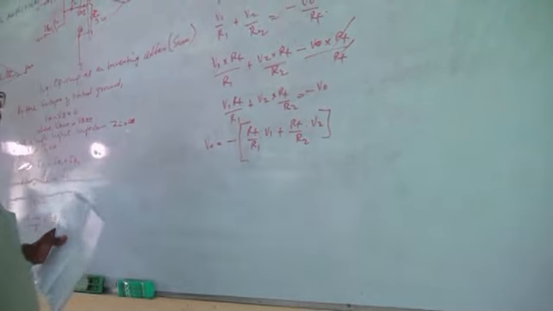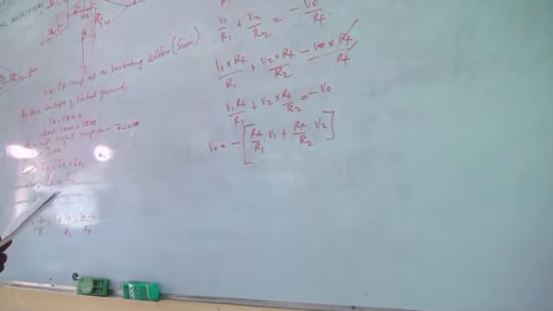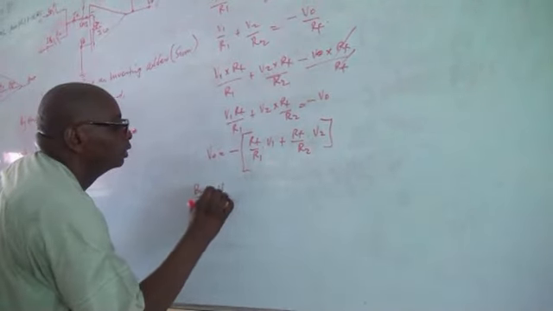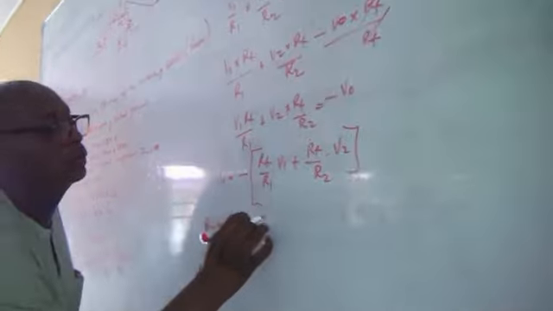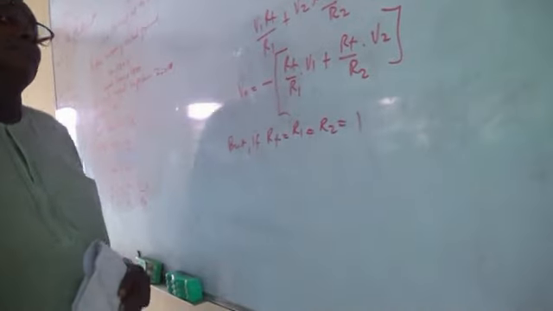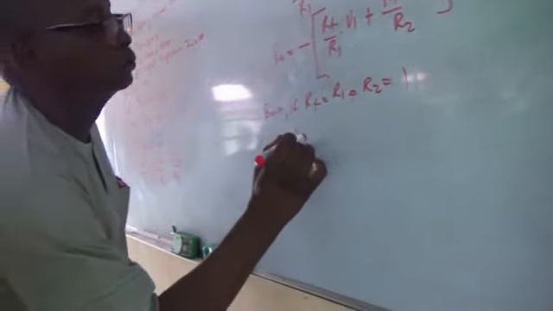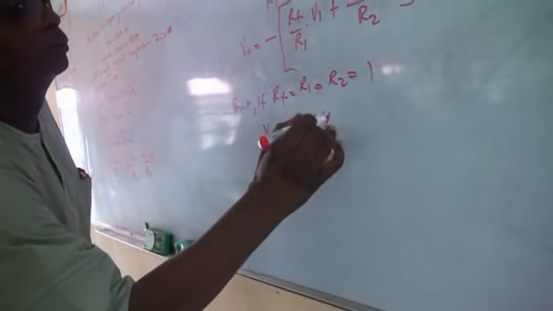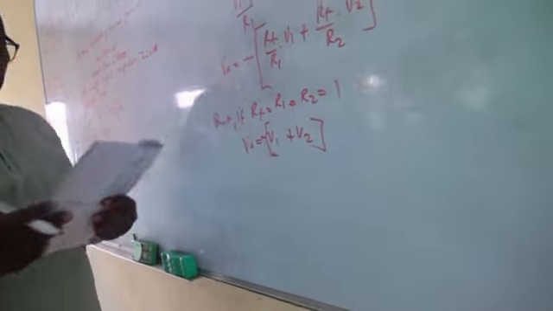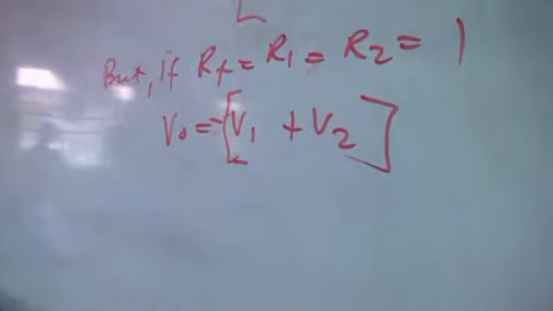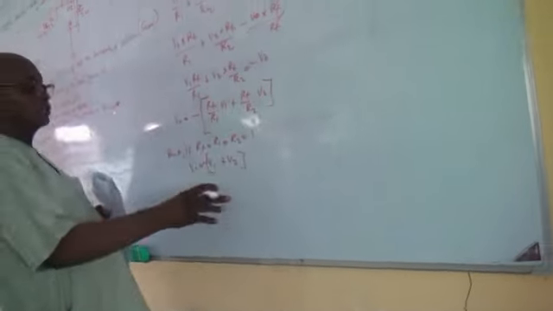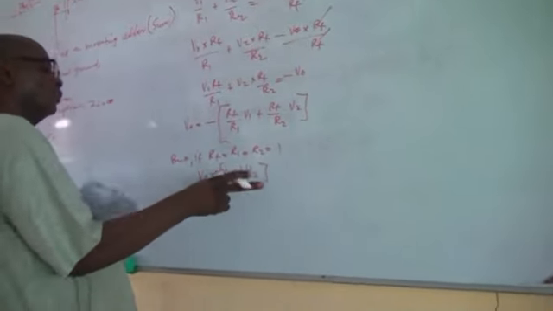But if RF equals R1 equals R2 equals 1, what are you going to have here? It will tend to equal minus V1 plus V2. And this will give you the actual output of the inverting summer, giving you the actual sum of the voltages.